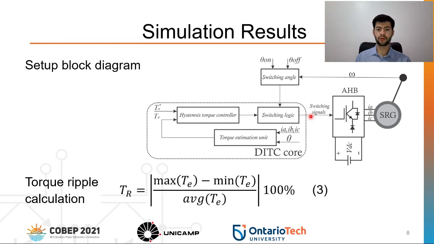The variable we are looking at here is the torque ripple, and the equation used to calculate it in real time is the equation described in 3. Note here that we use the modulus operator to guarantee that the value is positive, so we don't have numerical errors while employing this in an experimental setup.